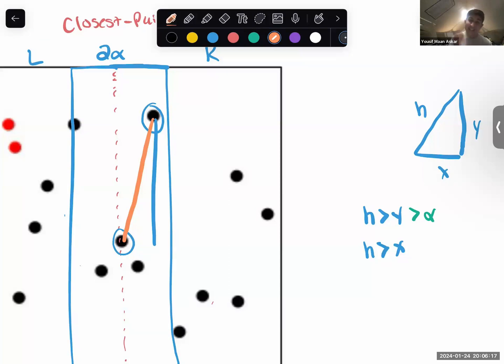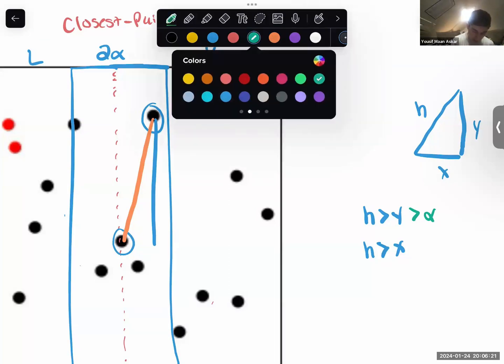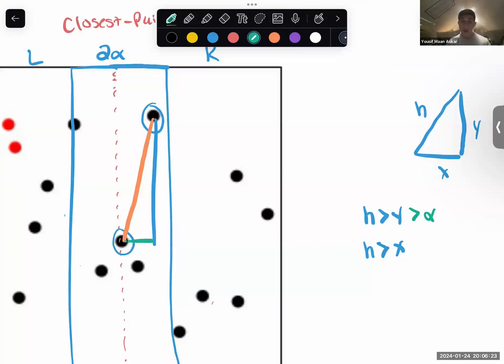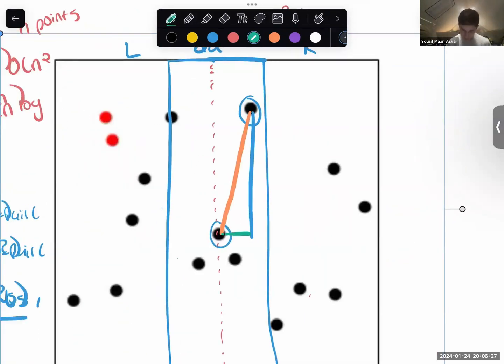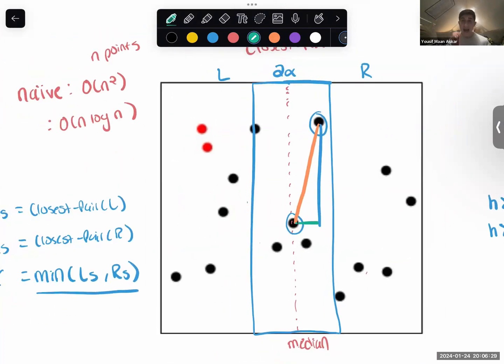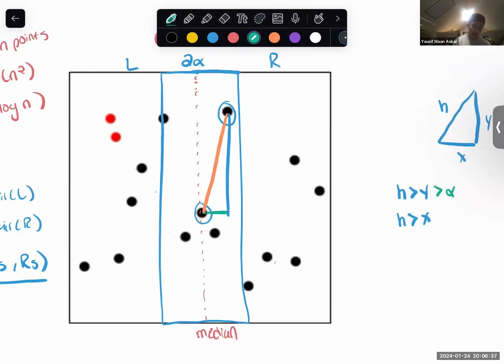Why? Because that distance is going to be their hypotenuse if we created a right triangle between them. So we know for a fact that if there are 2 points whose y distance is greater than alpha, then their overall distance has to be greater than alpha.